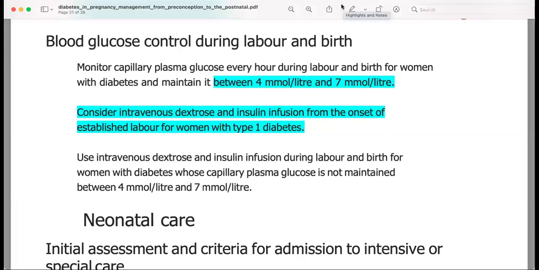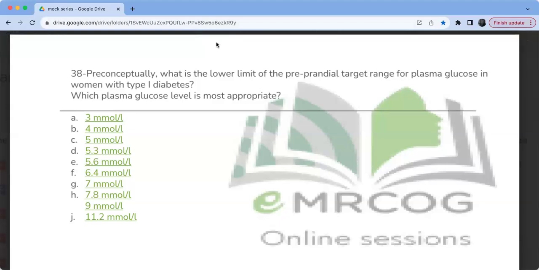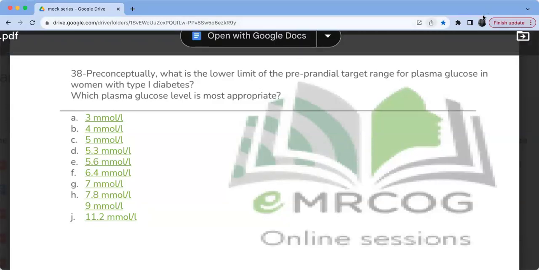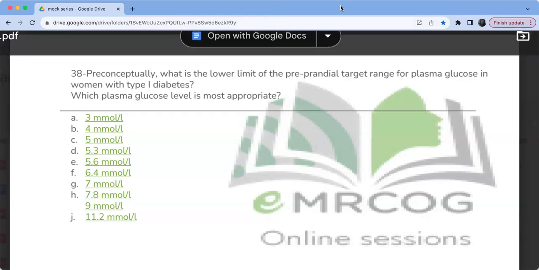So I advise you today, after we finish our meeting, to go through the diabetes guideline and revise the most important numbers. Timing of delivery is also advised, and the mode of delivery: when to advise delivery for a woman with diabetes type 1 with or without complication, diabetes type 2 with or without complication. Because it comes in the exam more frequently nowadays.